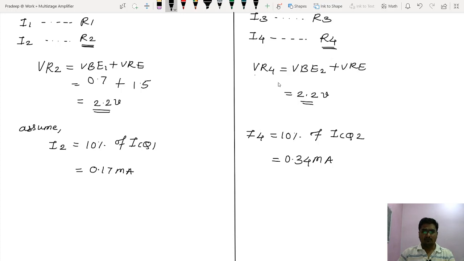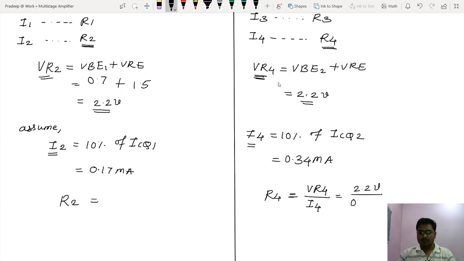Now see, I know voltage across this resistor and current flowing through this resistor. Same thing, current flowing through this resistor, voltage across the resistor. So I can easily calculate the value of resistor R2. Parallelly, I can calculate resistor value for resistor R4. Look at this. It is VR4 divided by I4. That is 2.2 volt divided by 0.34 milliamperes. You calculate this value, 2.2 divided by 0.34 milliampere.